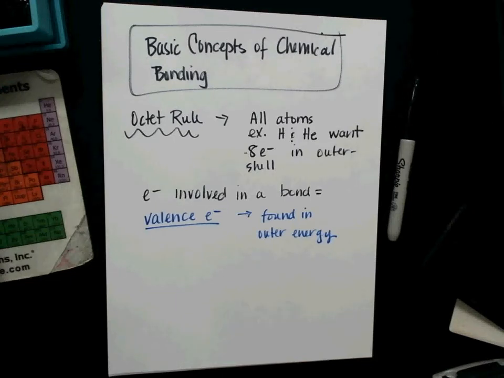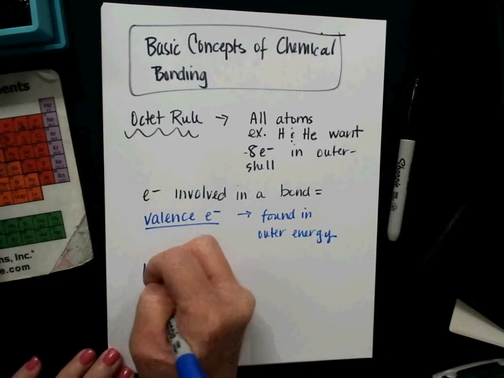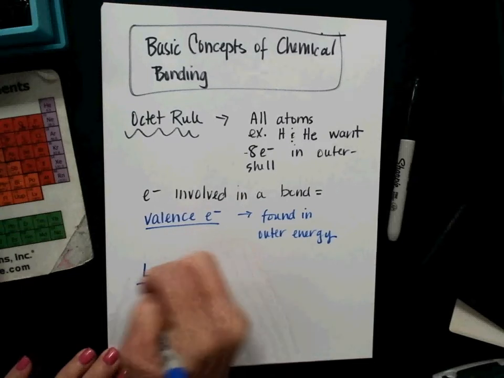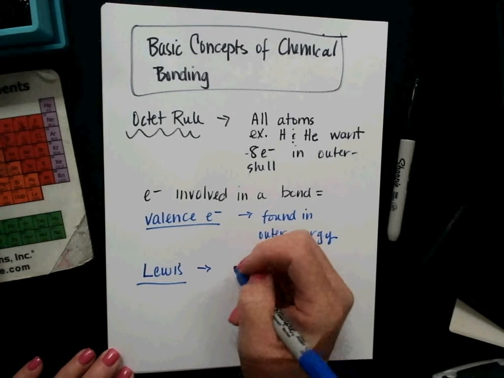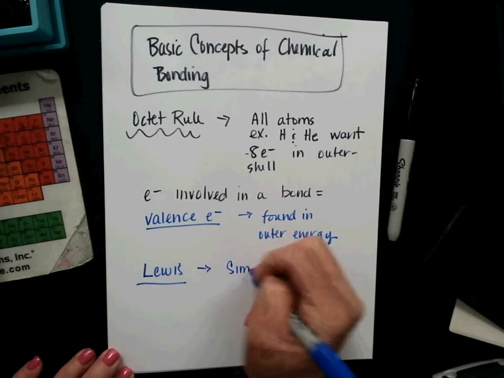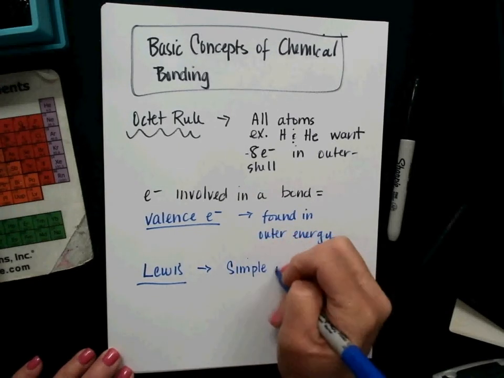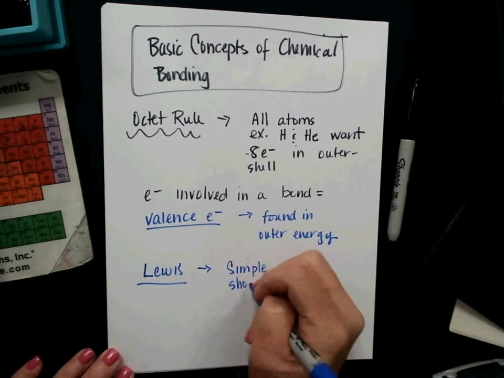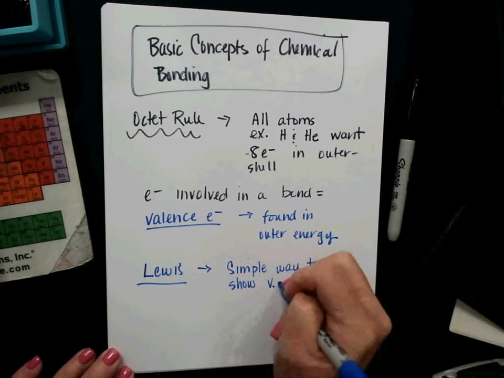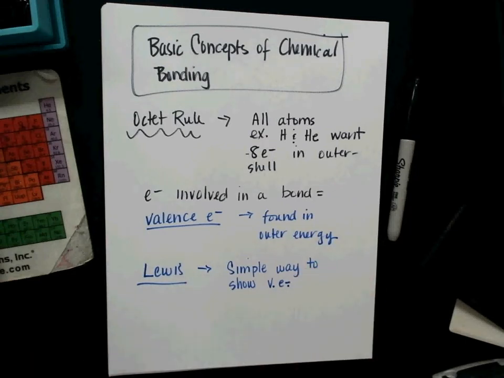There was a guy named Lewis, and he came up with a simple way to show valence electrons, and kind of like a way to keep track of them.